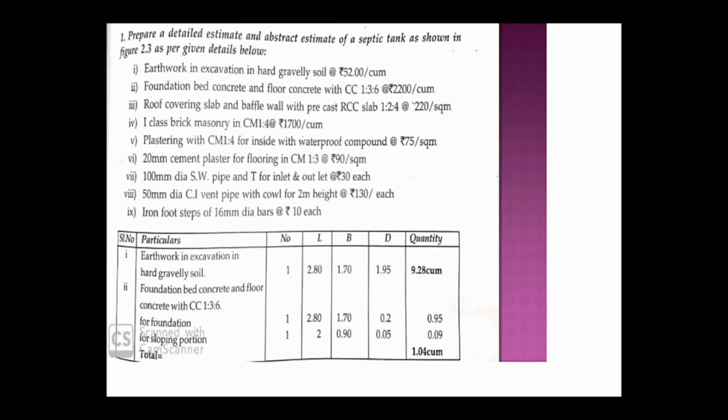Roof covering slab and baffle wall with the precast RCC slab we have to find out, and first class brick masonry in CM 1:4, plastering with CM 1:4 for inside with waterproof compound, and 20 mm cement plaster for flooring in CM 1:3, 100 mm dia SW pipe and T for inlet and outlet, 50 mm dia CI vent pipe with the cowl for 2 meter height, iron footsteps of 16 mm dia. These things we have to find out. Totally 9 items of quantity we have to find out, right?